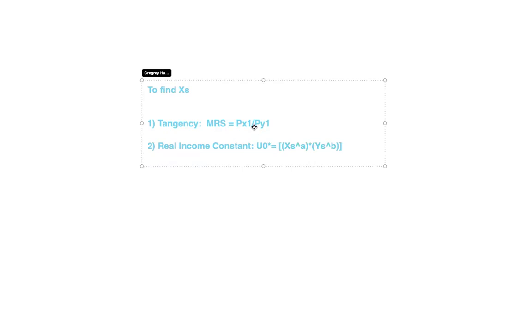These two equations will define XS for us. So we're going to ultimately solve for XS.